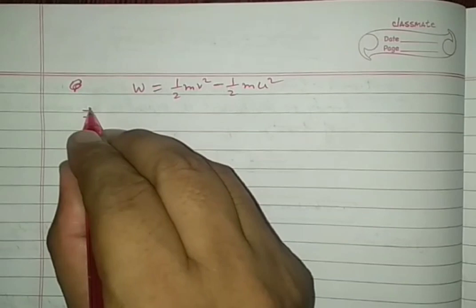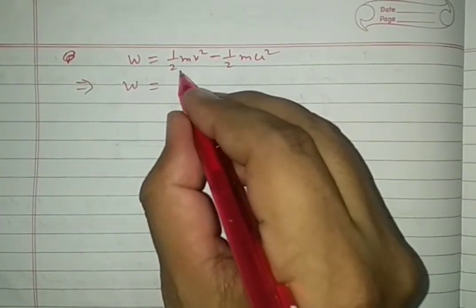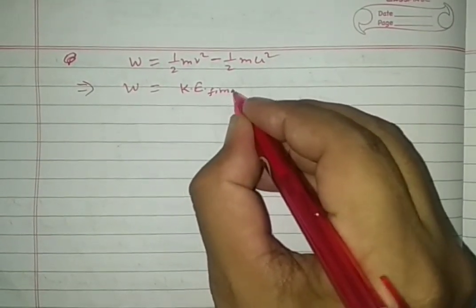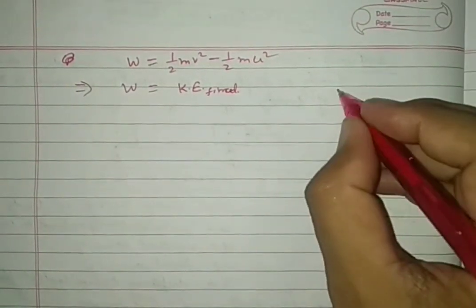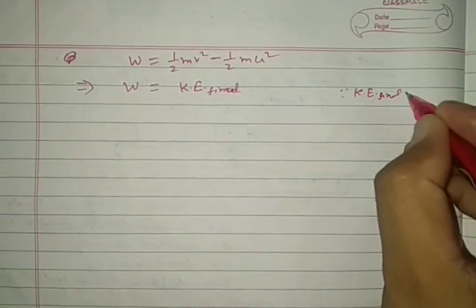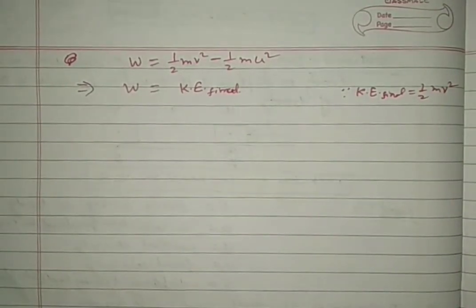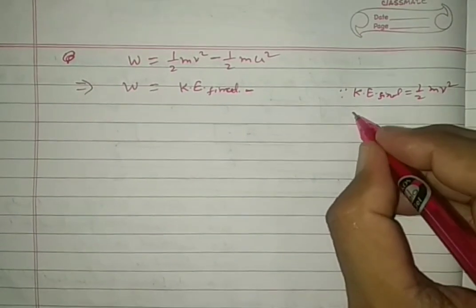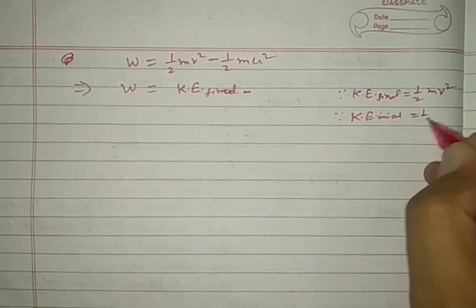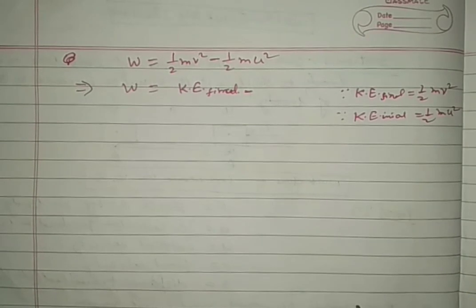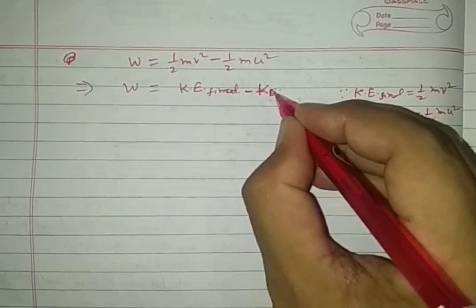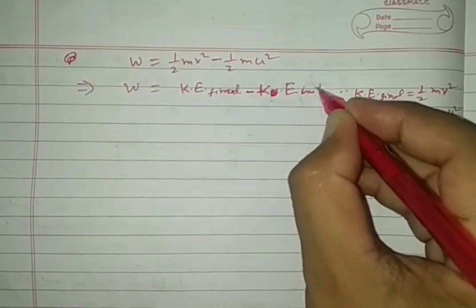So see very carefully here: half m v square is the final kinetic energy, since the final kinetic energy is half m v square, where the final velocity is v, and the initial kinetic energy is half m u square, where the initial velocity is u.